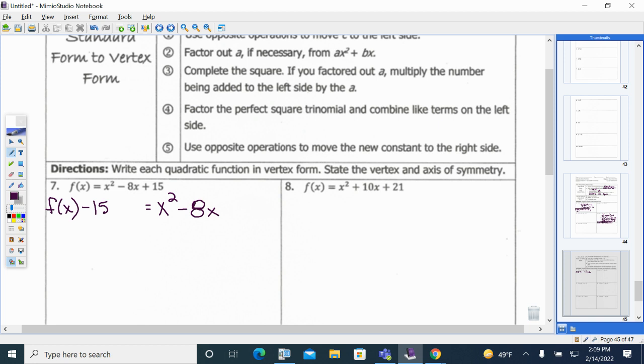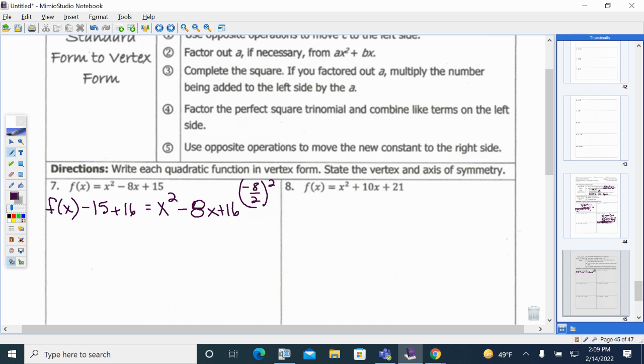Number 2 says to factor out a if necessary. We do not have an a other than 1, so we're good. Now we add b over 2, squared, to both sides. So negative 8 divided by 2 is negative 4, squared is 16. We add 16 on the right side, and we add it on the left side. That's the step that's similar to completing the square.